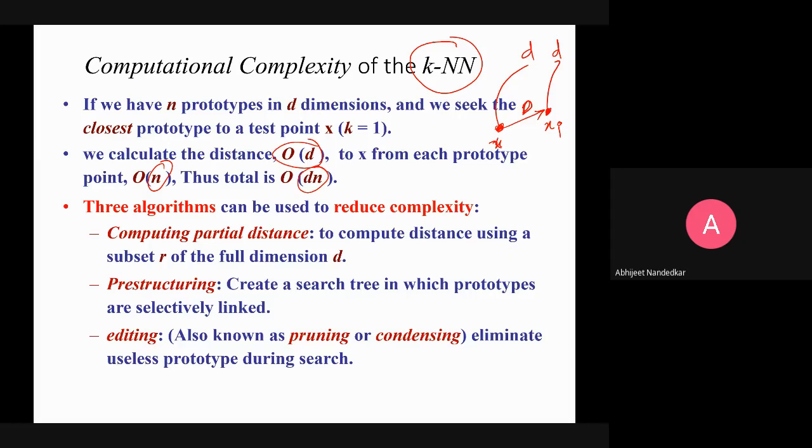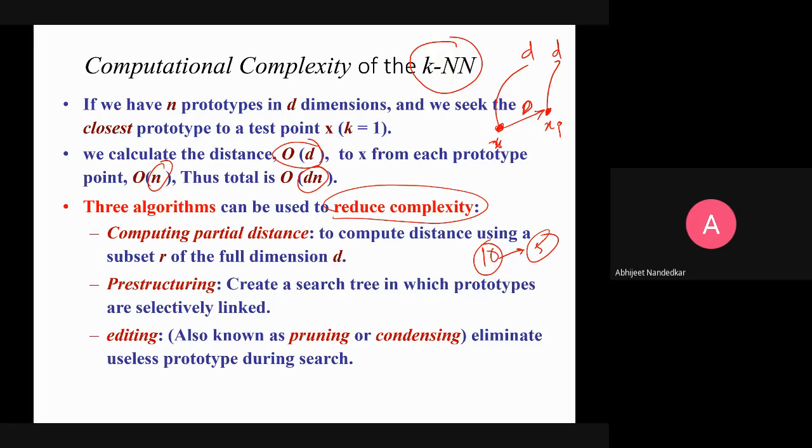To reduce the complexity, we can have three approaches. The first is computing partial distance, so don't use all the dimensions given to you. You can have, suppose, 10 dimensions, and you may choose 5 dimensions for measurement. Those dimensions may be the dominant dimensions.